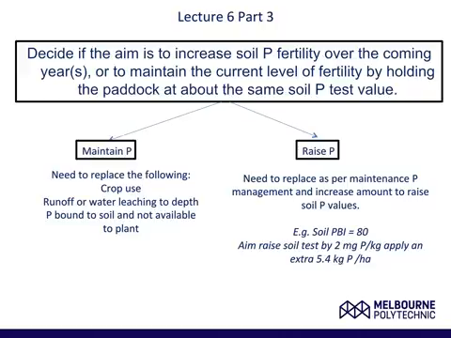So, if you wish to maintain your applications, you must put on enough P to cover the export of phosphorus from the paddock in animal products, accumulation of phosphorus in animal camps, losses in runoff or water leaching to depth, and any crop use of P. Note that phosphorus can accumulate in the soil because it can become tightly bound to soil particles.